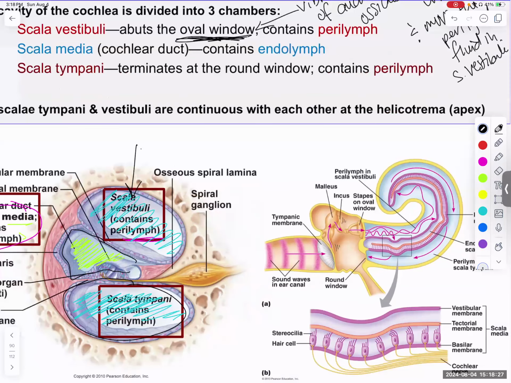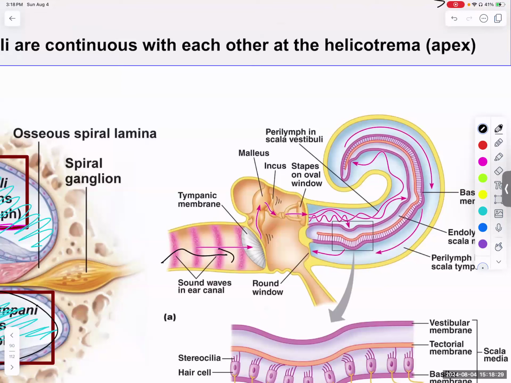And so if you're looking at it here, sound waves are coming in. It's going to hit the tympanic membrane, and those sound waves are going to then become vibrations. And so these vibrations vibrate the malleus, which then vibrates the incus, which then vibrates the stapes. And that vibratory energy enters the oval window.